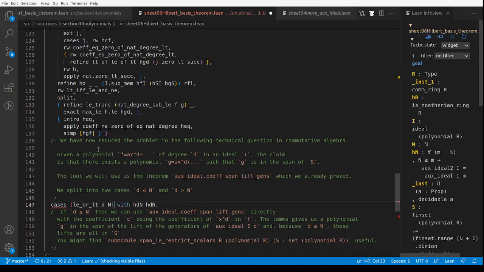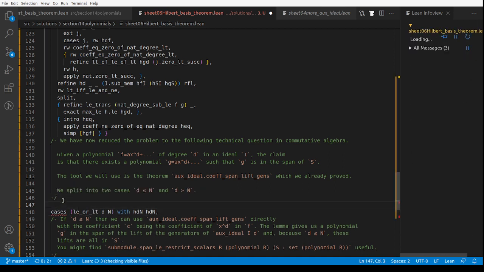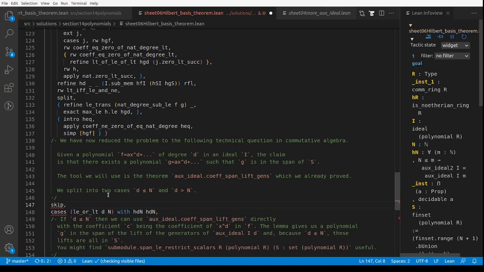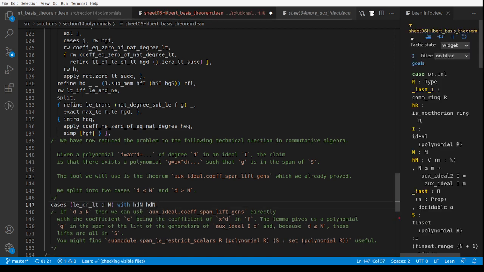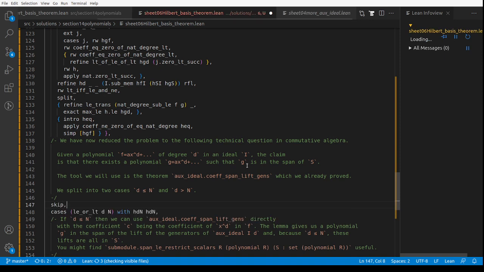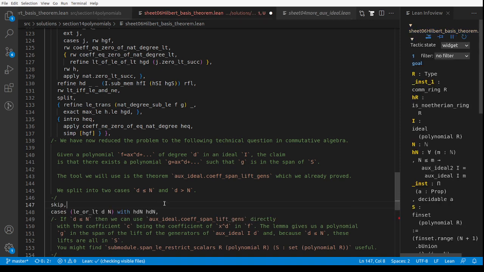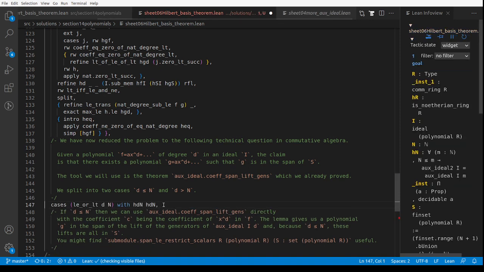What did I do wrong? Oh, I've forgotten a comma. Is that what's going on? Yes. Cases, yeah. The skip tactic doesn't do anything, and if the skip tactic fails, something's gone badly wrong, and the badly wrong thing was the missing comma.